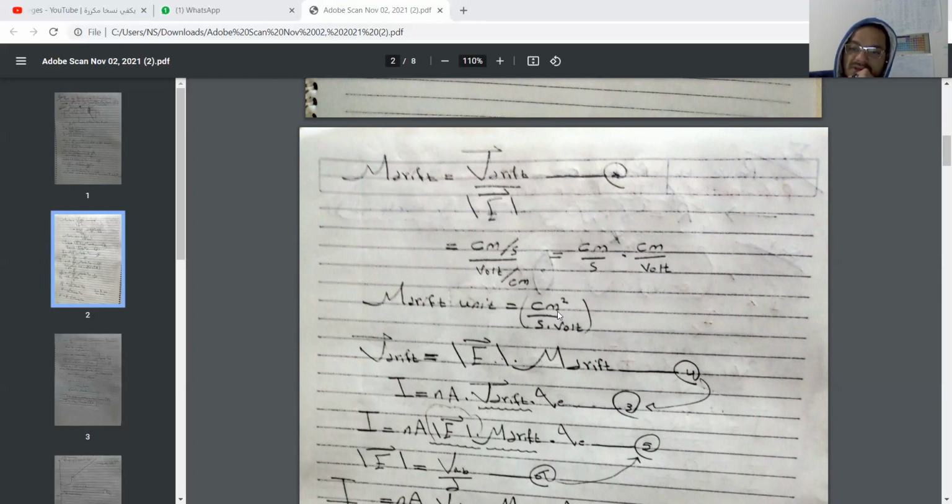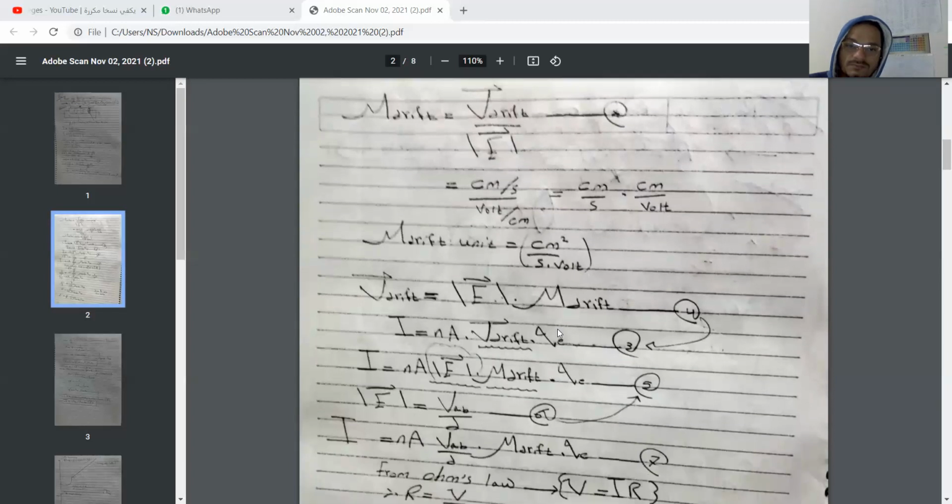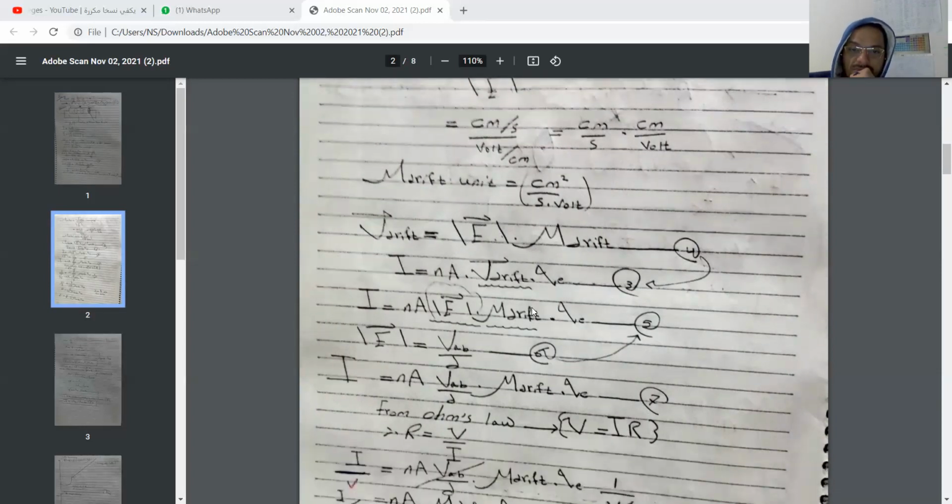By that it will be centimeter squared divided by second dot volt. Now, like I said before, the drift velocity of electron equals the electric field dot the drift mobility of electron. Here at equation number 3, the current equation will be N A times electric field dot drift mobility of electron dot electron charge.